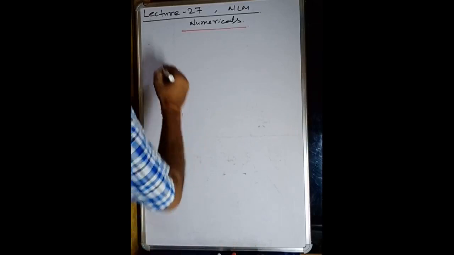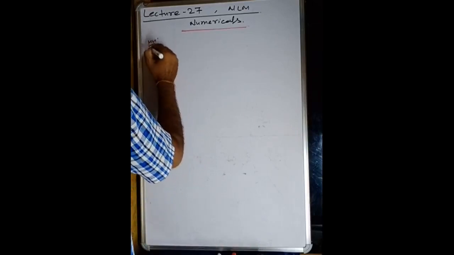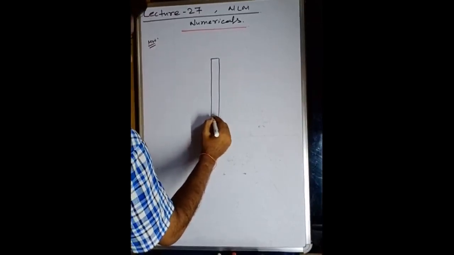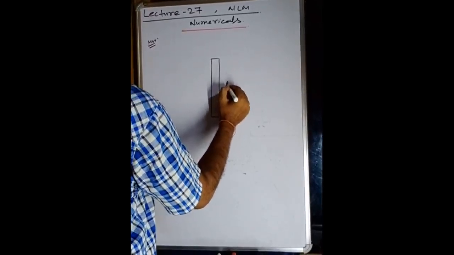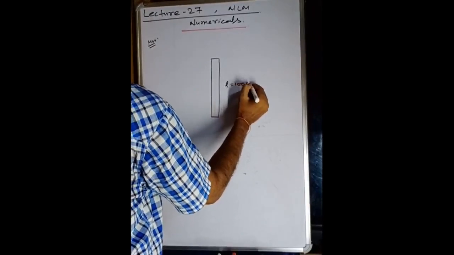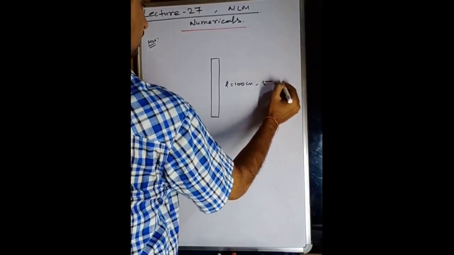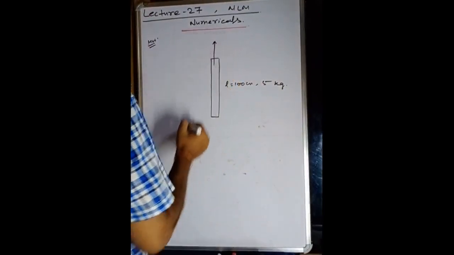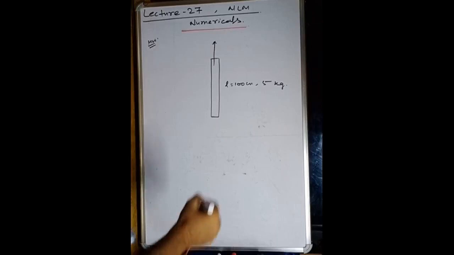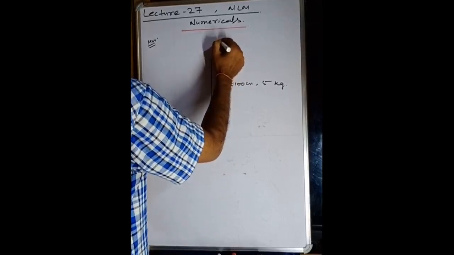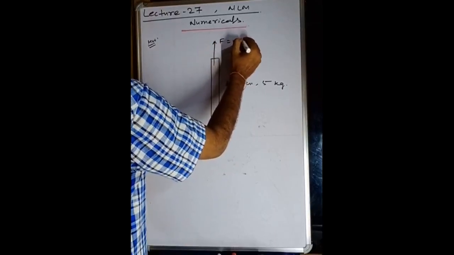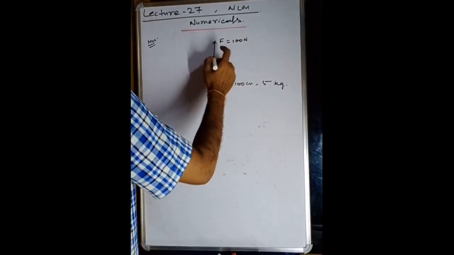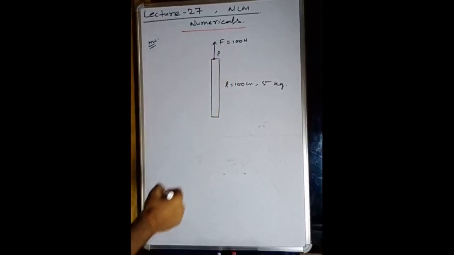Now, this is your homework. The same rod of length 100 centimeter and mass 5 kg is pulled with a force of 100 Newton. This is the point P from which the force is applied.